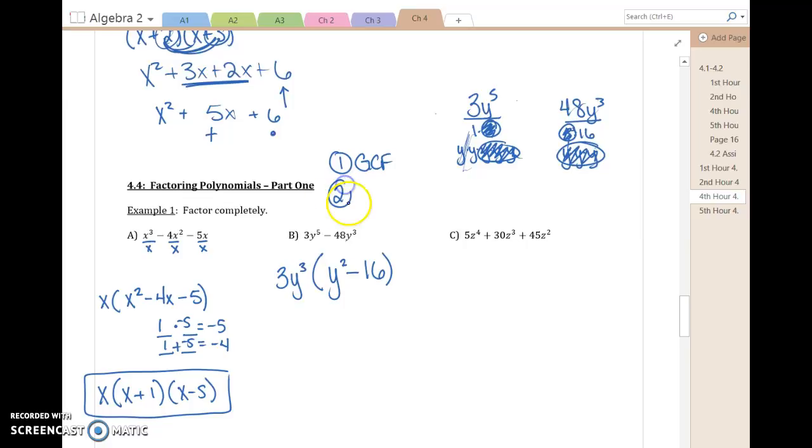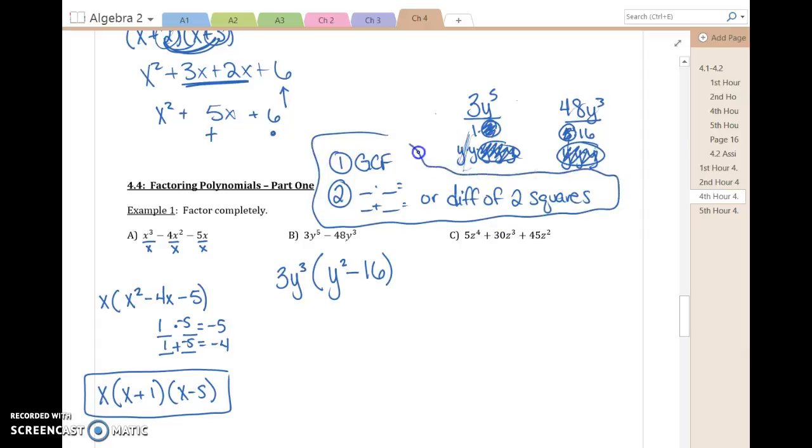So step 2 is to either factor using your blanks or sometimes we factor using the difference of two squares. Do you guys remember the difference of two squares? One of them's plus, one of them's minus.